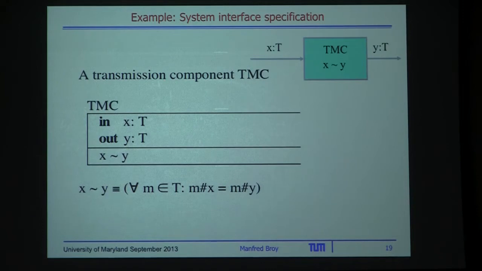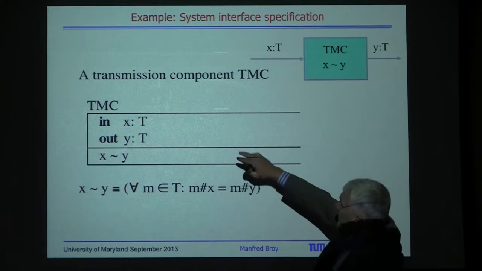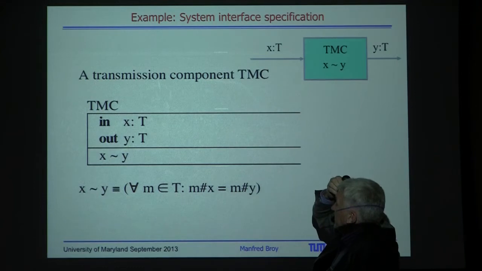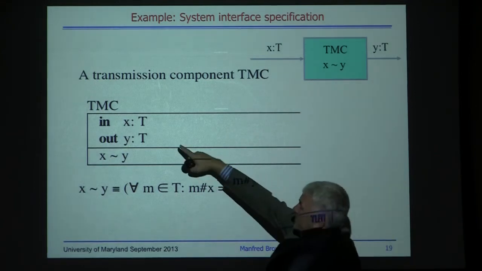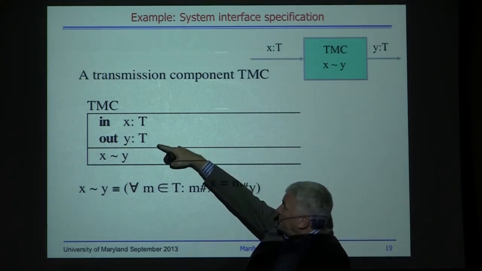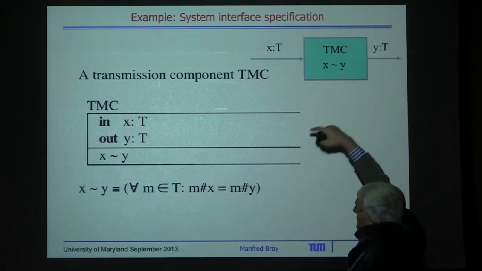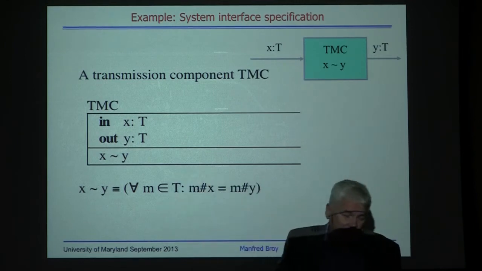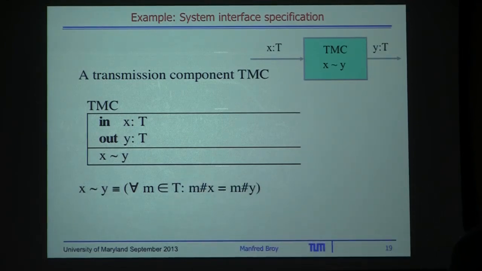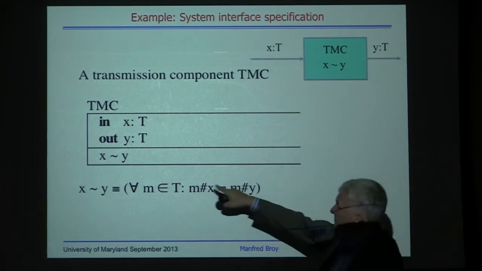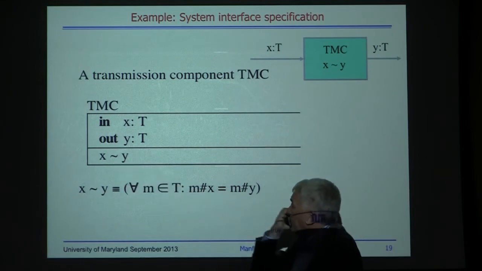This is the description of such a specification. In the description, we first say what the input channels are, what the output is, and the types. By the way, in the graphical representation, you have exactly the same information. And then you have what we call interaction assertions, or interface assertions, which describe the relationship between the input and output streams. And here you see the mathematical formula, which explains this twiddle notation.